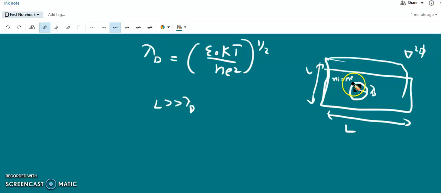Close to the sphere there will be small differences, but as a whole Ni is approximately equal to Ne. In this nearby region the difference is of the order of 10^-6. So this small charge imbalance inside the Debye sphere gives rise to potentials of the order of kT by e. So inside the Debye sphere there are potentials of the order kT by e. Outside, the potential is not felt. A small potential may exist close to the Debye sphere, but it is negligible.